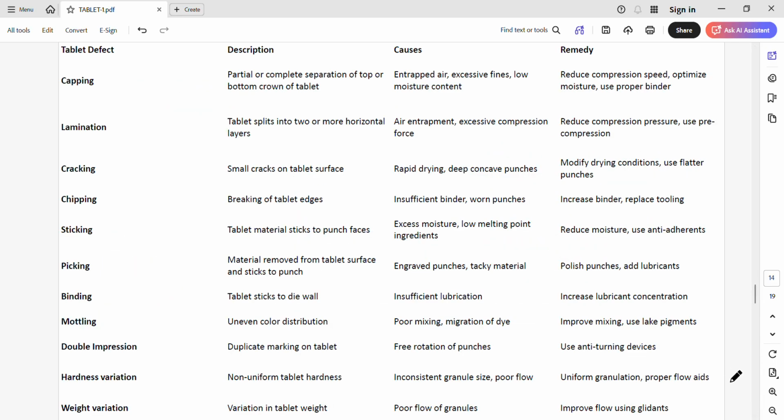Now we discuss mainly the defects of the tablet. A new page has come. The defects of the tablet are visual defects.